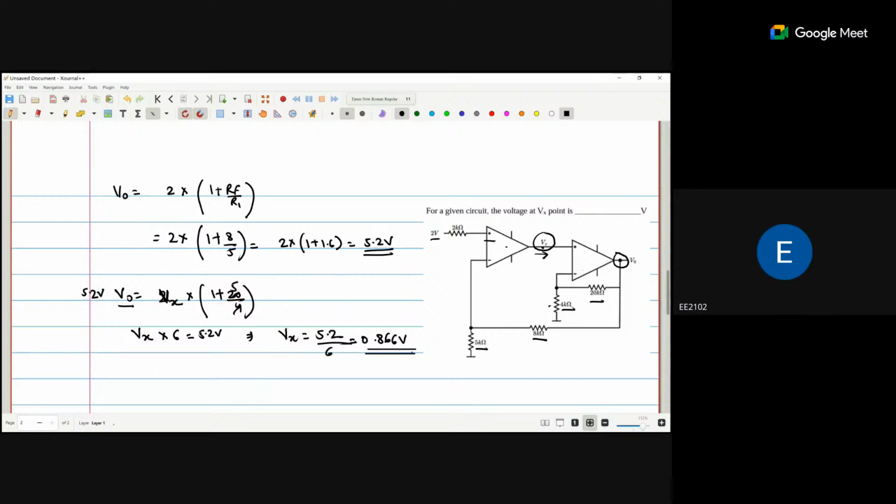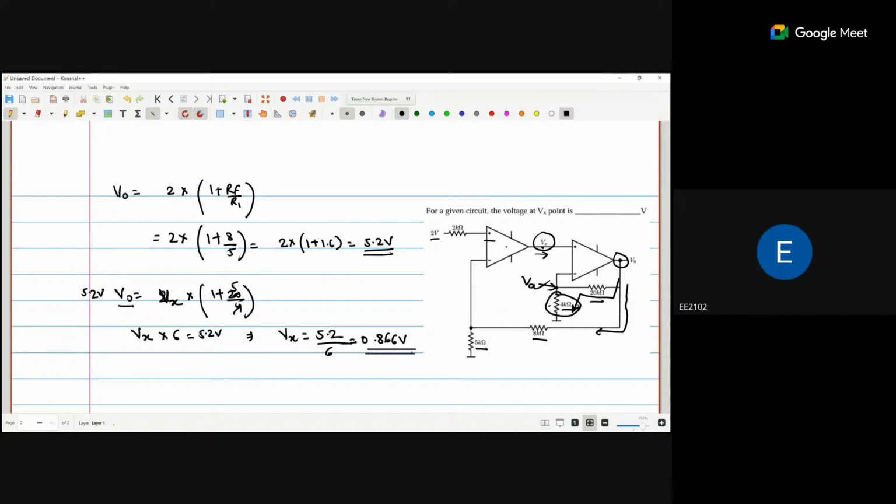Now I think you have a doubt: if this operational amplifier is not passing any current, how will this Vx appear? We know that this is my V naught. Now, V naught will pass current, so one direction of current will be this one, and one direction of current will be this one. So we are getting some drop across this resistor, and that drop is called VA.